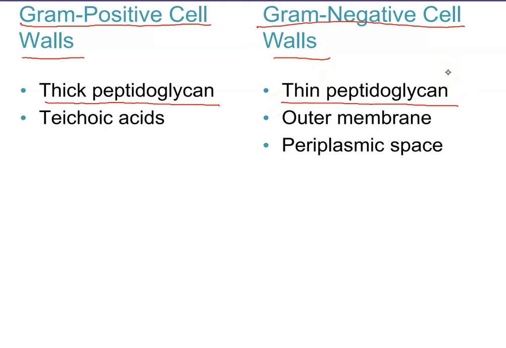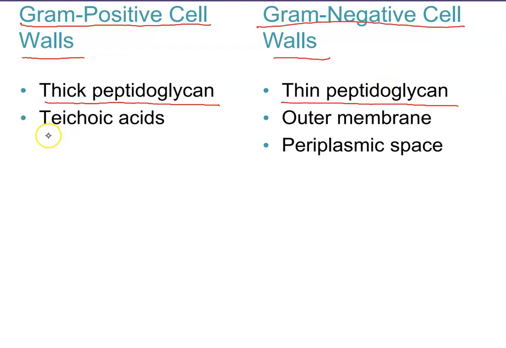That makes a big difference when you are staining these bacteria, because the thin peptidoglycan of the gram-negative cell wall will not be able to hold back the washing out of the crystal violet in the gram staining procedure. Once you are washing your cells with alcohol, the crystal violet will wash out because the peptidoglycan layer is too thin in the gram-negative bacteria.